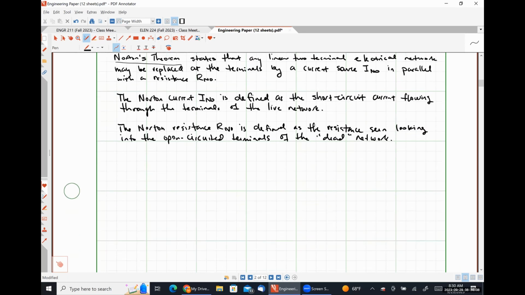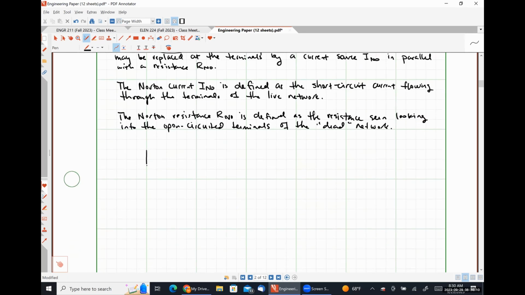So if we look at our example from earlier, where we have an 8-volt source connected to a 10 ohm resistor, connected to a 6 ohm resistor. Here is our 4 ohm resistor. Here is our 2 amp source.